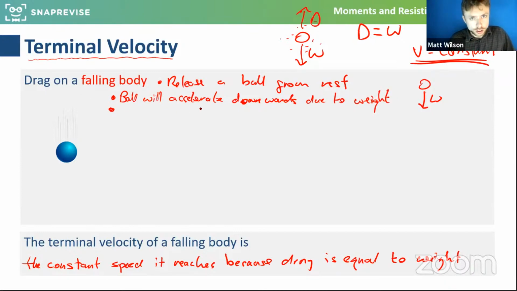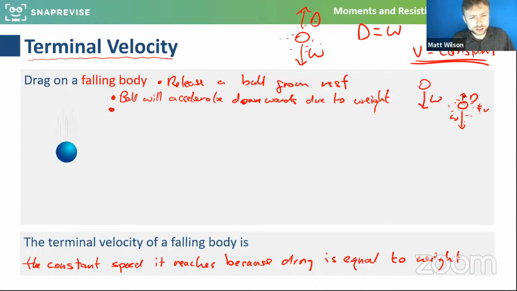Okay, so somehow drag's going to get into this. Well, if we're accelerating downwards, what does this mean? Well, this means we're starting to develop some kind of a downwards velocity. So as we develop this downwards velocity, what's that going to cause? Well, we're moving through a fluid, so that's going to create some kind of a drag force. We're not moving very fast yet. So as a result, the drag force isn't going to be very big.